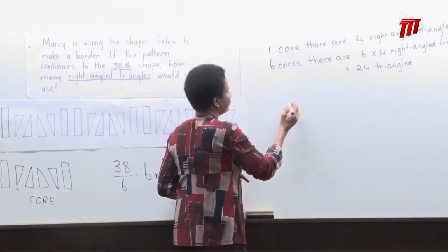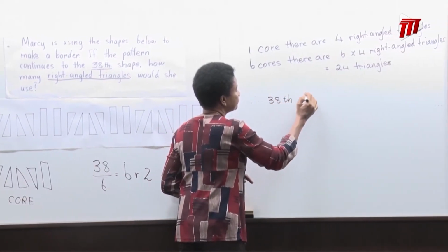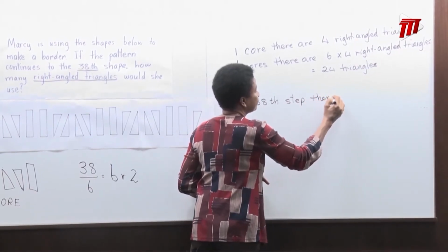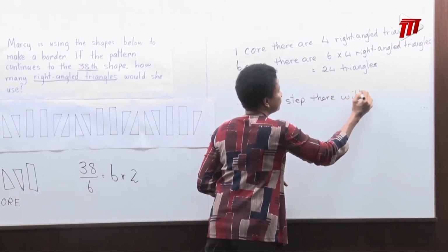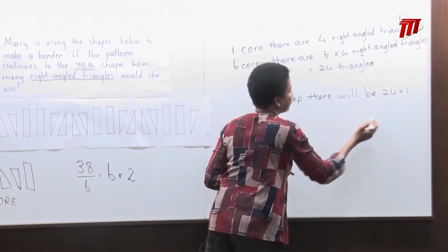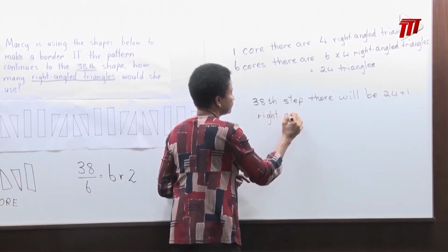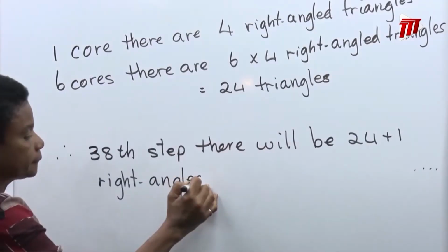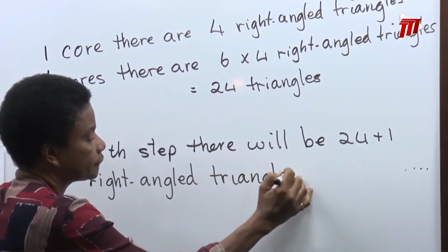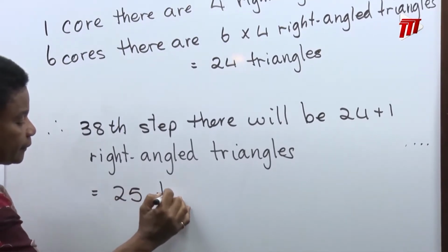Therefore, for the 38th step, there will be 24 plus 1 right-angled triangles, which gives us 25 triangles.